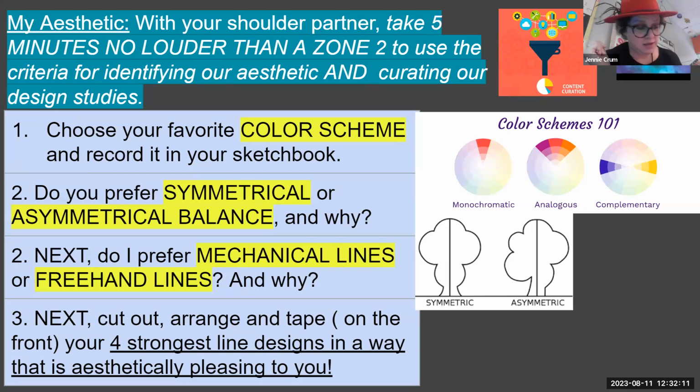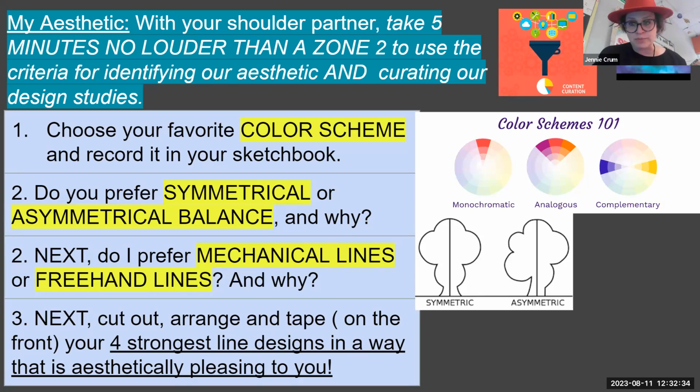Nice. All right, number 2. Now let's start thinking about these design studies. What do you prefer? Do you prefer the designs that were more symmetrical, equal on both sides, like in row 1? Or is your aesthetic, your preference, more asymmetrical, like on row 2 and 4?